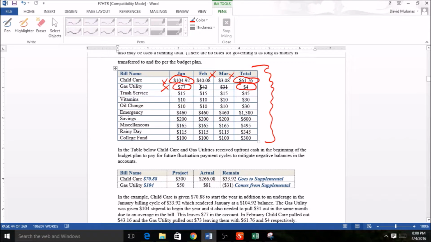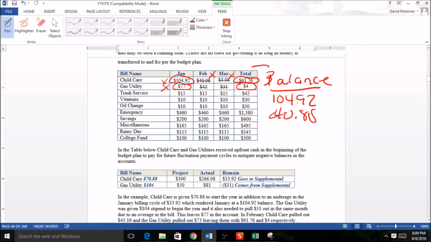So again, in terms of how you track and use your sheet is all up to you. You may just want one column here and it just could say balance. So let's say it just said balance and you had 104.92. Well, rather than just taking 40.88 and crossing it out, you simply could just subtract it from this. And then hence with the 308, you could subtract it from that number, and you could have the 61.76 standing by itself.